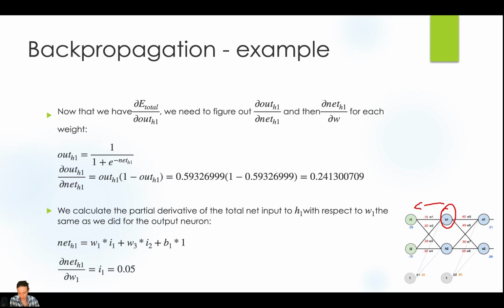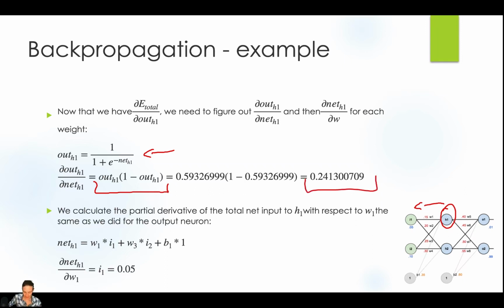So we first encounter the sigmoid activation function, for which the derivative ends up as the output of hidden layer 1, node 1, times 1 minus out H1. So we fill that in, and we get our derivative.